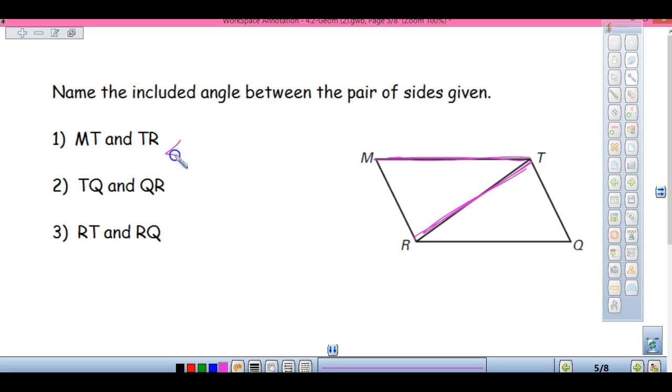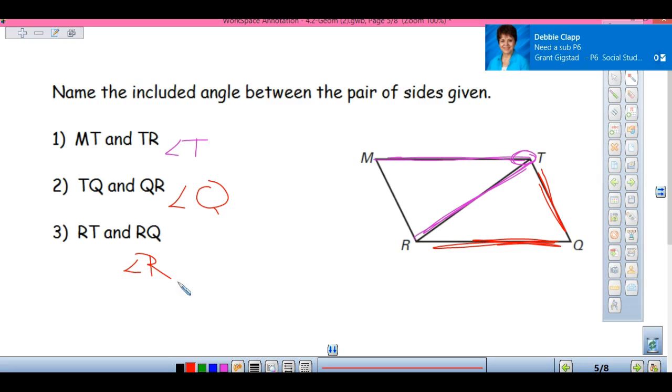Angle T, because angle T is in between those two sides, or it's formed by those two sides. You could think of it that way too. Then we have TQ and QR. Angle Q, yep. And RT and RQ? Angle R, yeah.